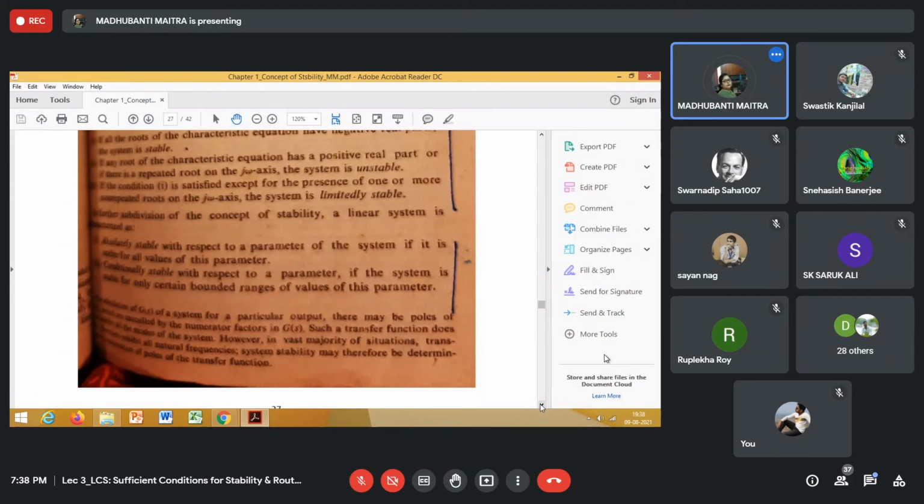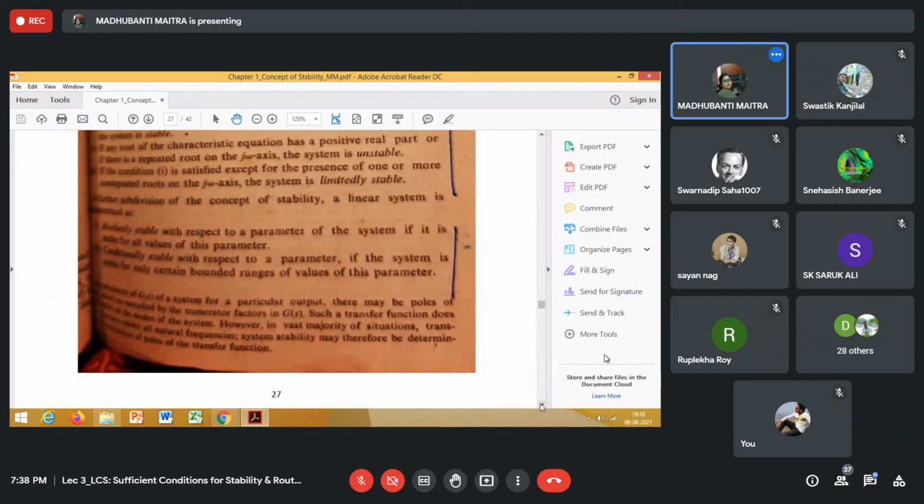And conditionally stable means the system is stable for a certain range of the value of the parameter. If the value of the parameter is set beyond that particular range, then the system might become unstable.